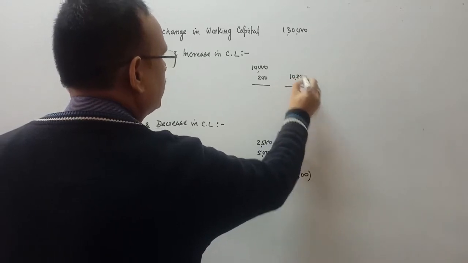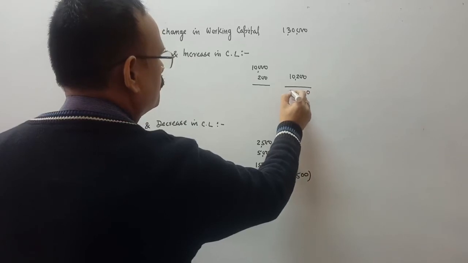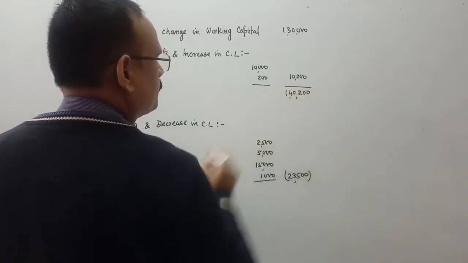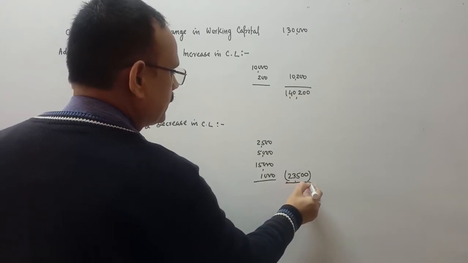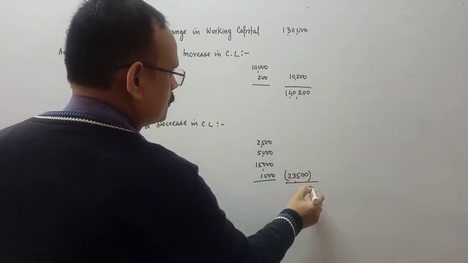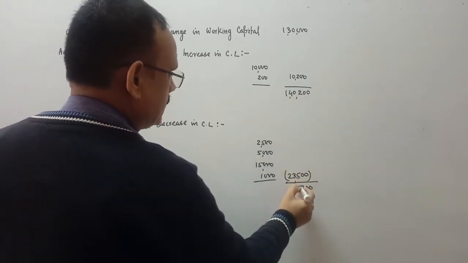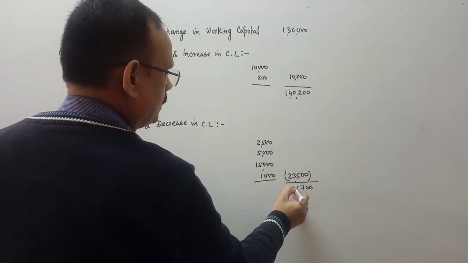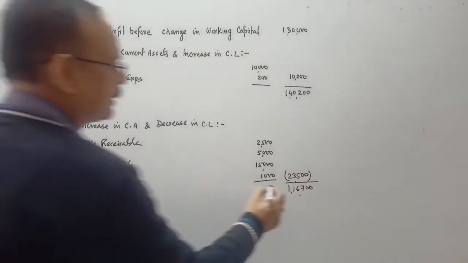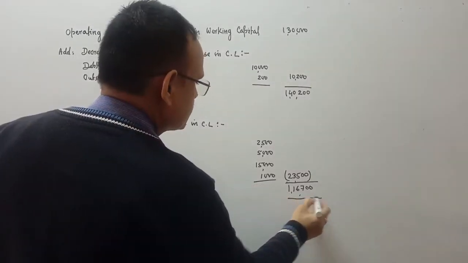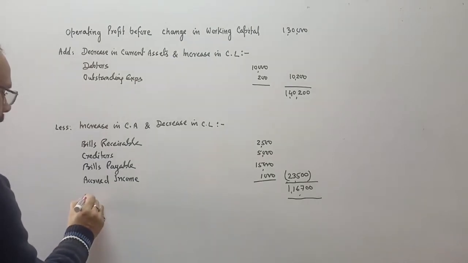When we add it with the previous figure, it becomes 1,40,200, and thereafter we'll deduct the 23,500 from this amount. So 1,16,700 is what? It's the cash flow from operating activities.